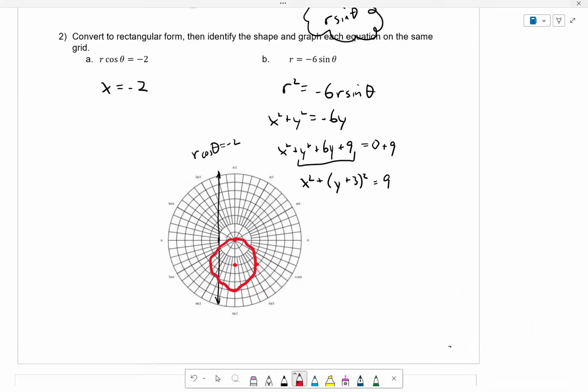Anyone else? Going off the notes right now.